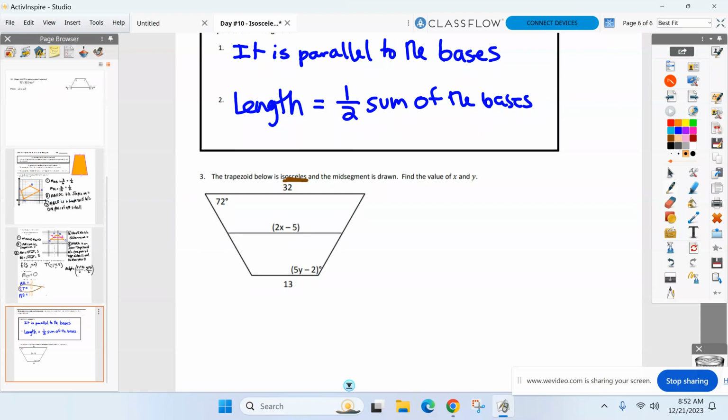Isosceles, so this is also 72, and they're supplementary. X is 25.